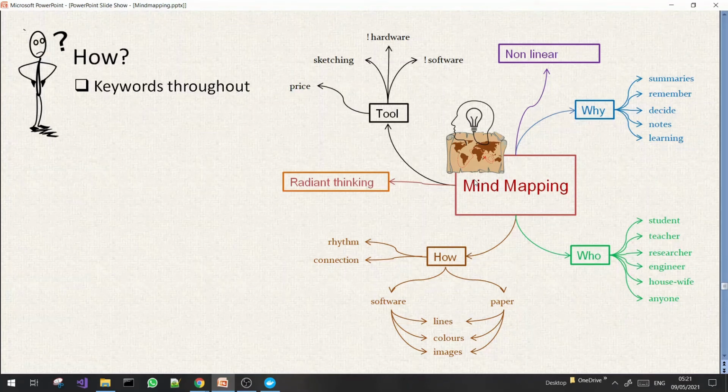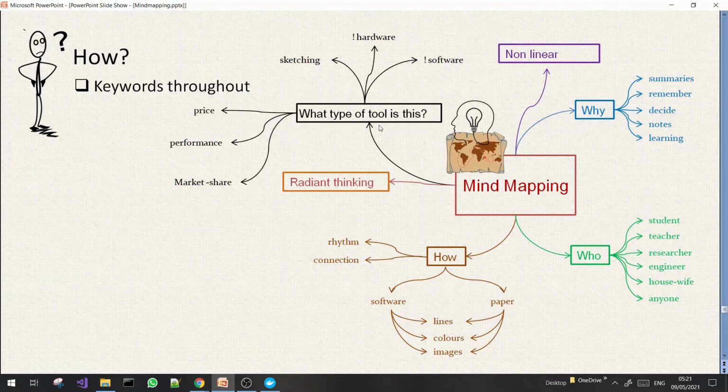Then I can add price, which says mind mapping is a tool which has some price. Okay, maybe price for timing, or maybe price for learning, and so on. It has performance, maybe it's not very helpful for mind, and so on. So I can add more and more information if I'm using a keyword.